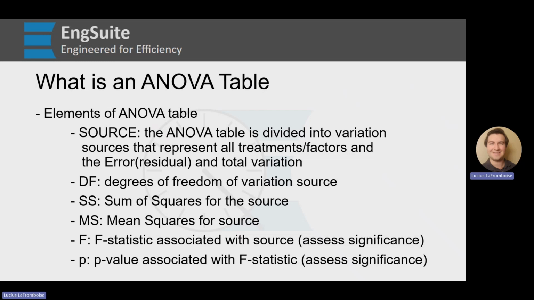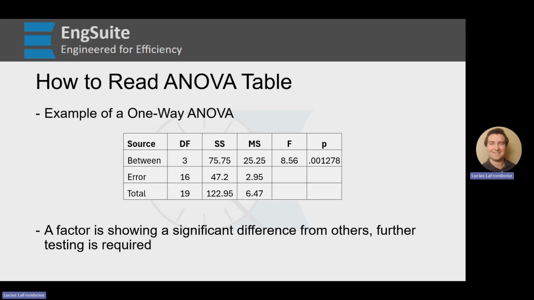Each row of our ANOVA table represents a different source of variation. Each of those sources has a degrees of freedom associated with it, a sum of squares, a mean squares, an F statistic, and a p-value. That F statistic and p-value are what we actually use to assess the significance of the effect.